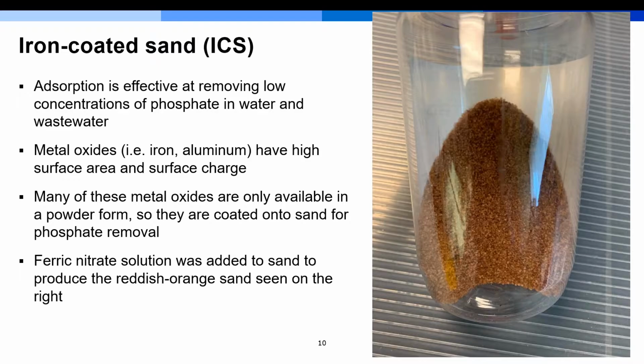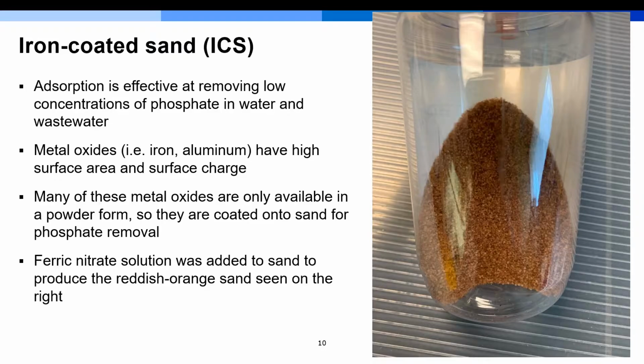Lots of studies have shown that metal oxides, such as iron or aluminum oxides, have a relatively high surface area and surface charge, and these could be applied to the removal of heavy metals and organic matters from wastewater. Most of these metal oxides are only available as a fine powder though, so they are limited to large reactor configurations, and due to their low conductivity, the metal oxides alone aren't really suitable as a filter material.